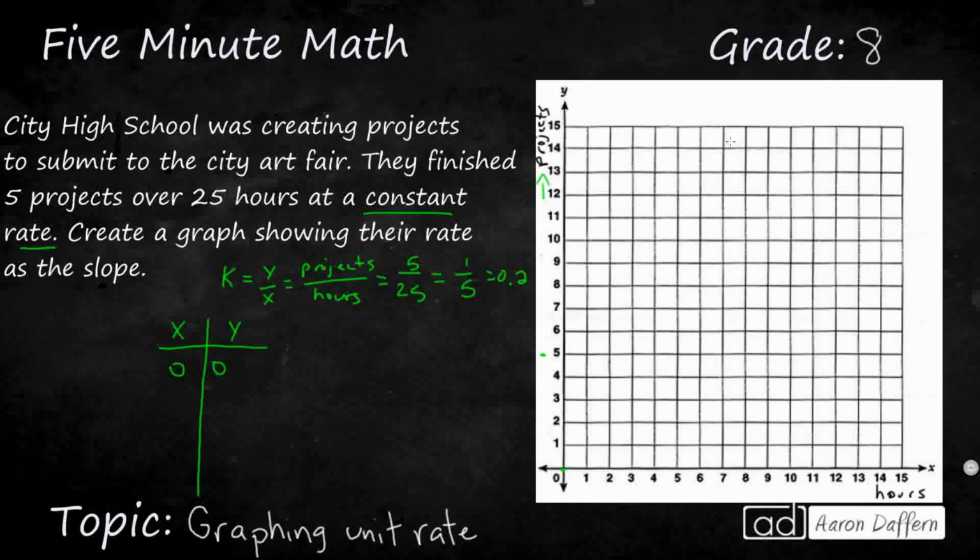So I'm going to do it like this. 5 hours for one project, right? y equals kx, so 1 equals 0.2 times 5, or 1/5 times 5. 10 hours for 2 projects, and that's as much as I can get. Then 3 projects in 15 hours. So I can graph it like this.